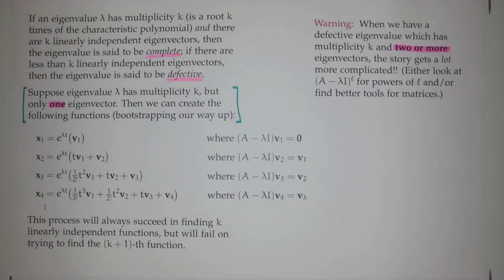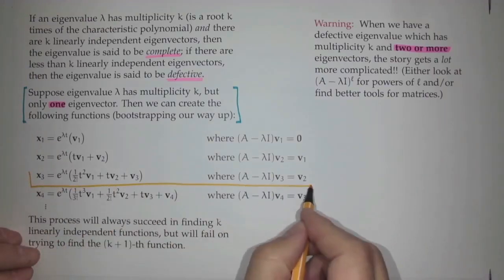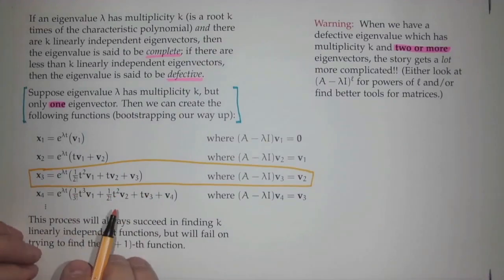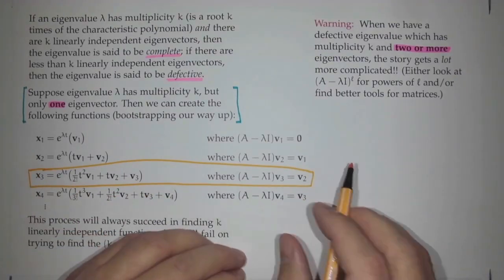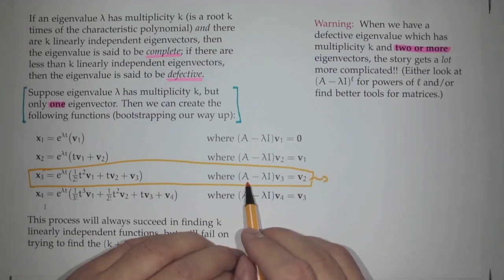Okay, so I want to again go through why this works. I'm going to really quickly look at this part right here. So x3, why does this work? If you take a look at these equations, there's something we should point out.